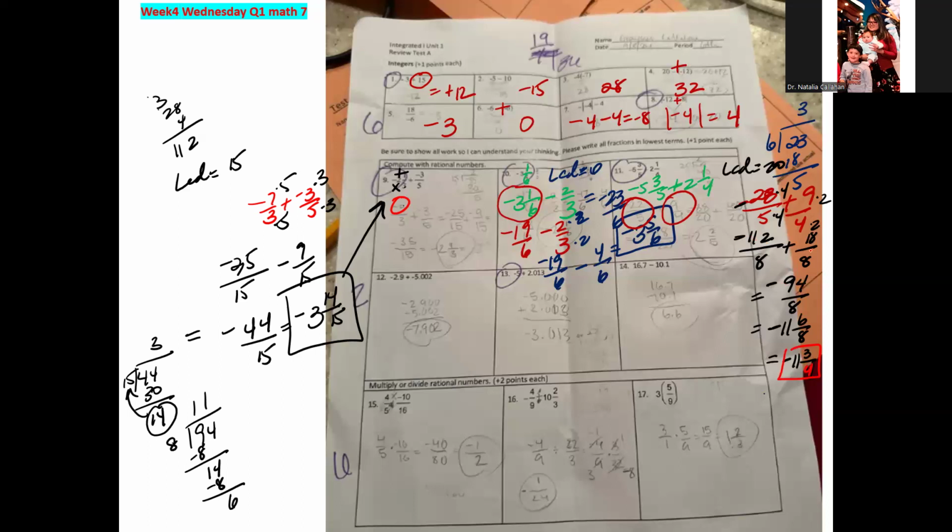Where did 8 come from? Hold on. Oh shoot, I screwed up. 45 over 20 minus 45.